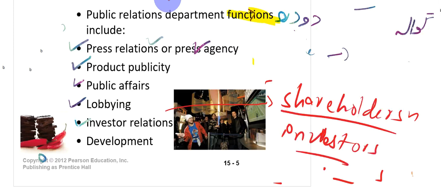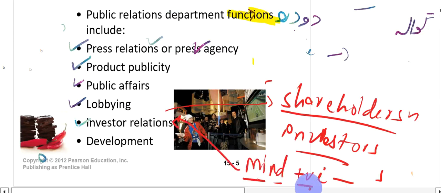If we do not have a good relationship with investors, and if the mind of the investor is not positive about the organization, then the organization may not have a very good reputation and may not have very good investment in future.